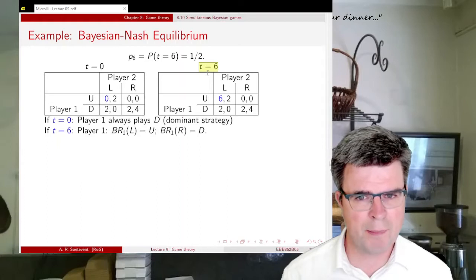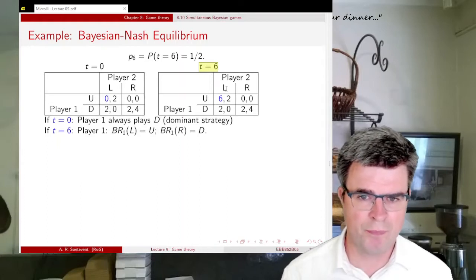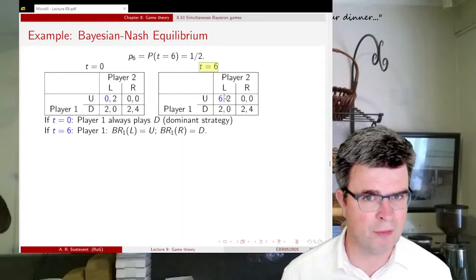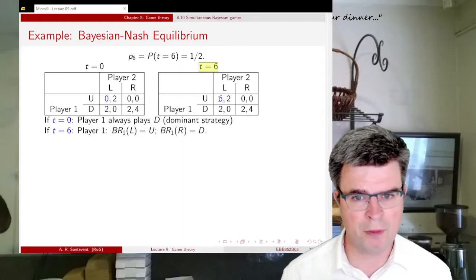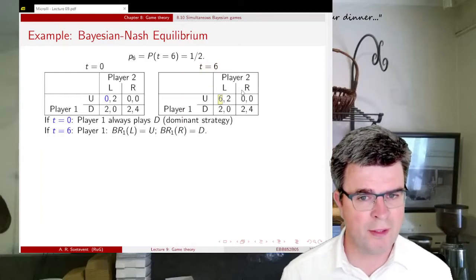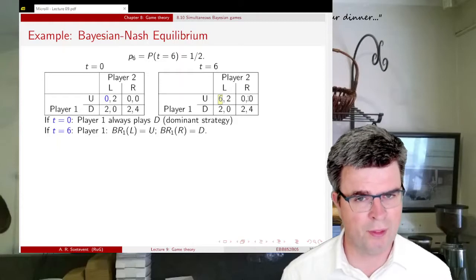If he is of type T is 6, then his optimal response to player 2 playing left is to play up, because that gives a payoff of 6 instead of 2. But if player 2 decides to play right, then the optimal response of player 1 is to play down, because 2 is more than 0.